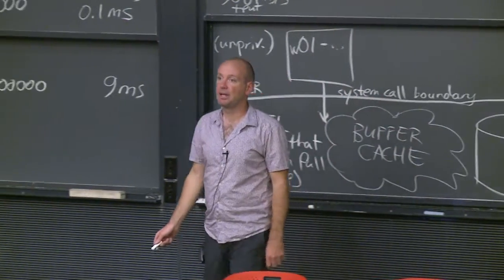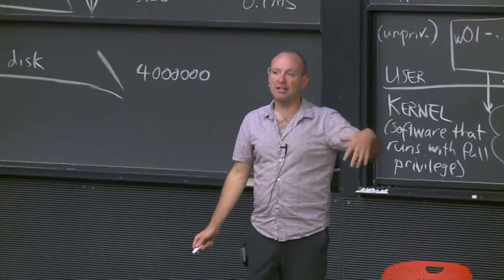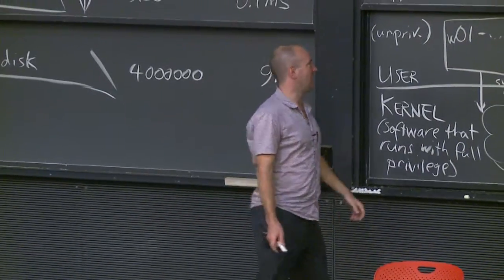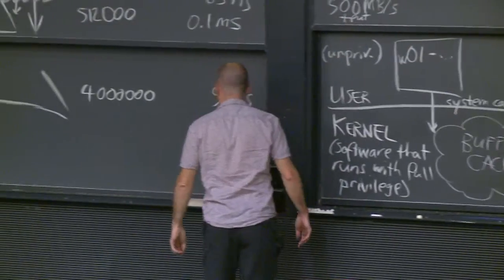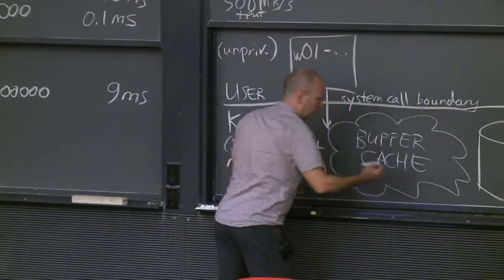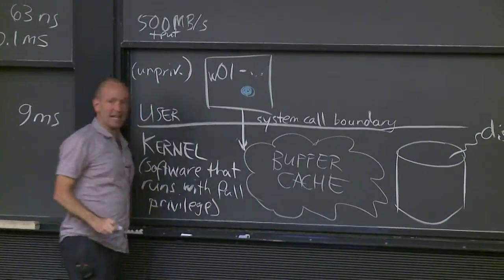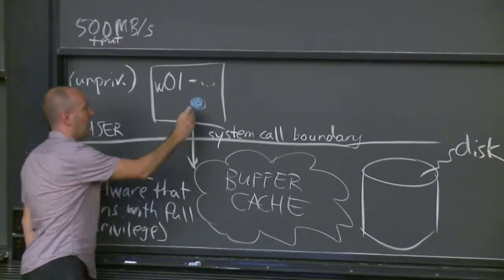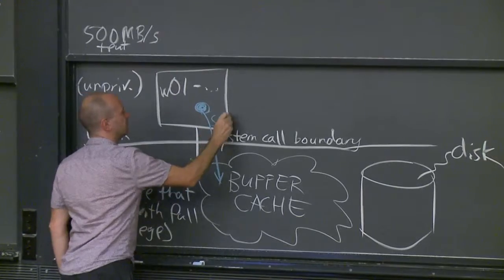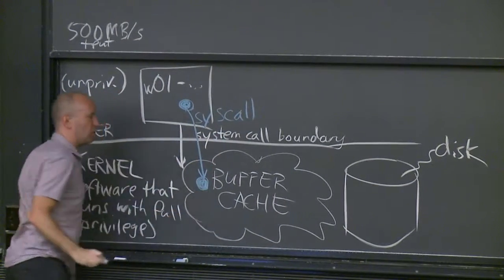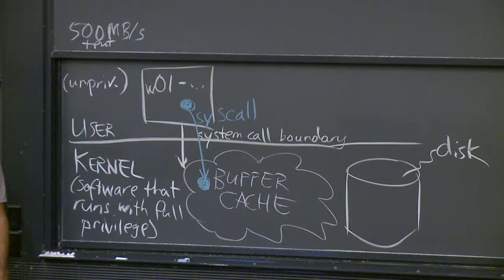Okay? When a write is made with the O_SYNC flag, the operating system takes that data, and the system call puts that data in the buffer cache.